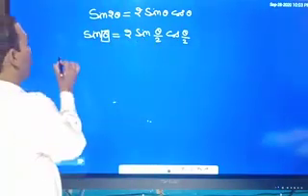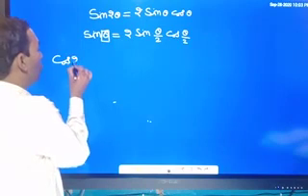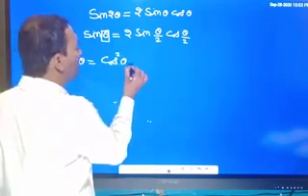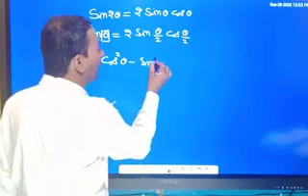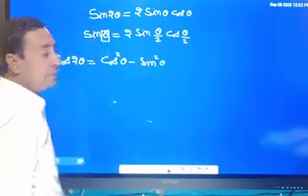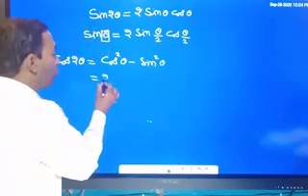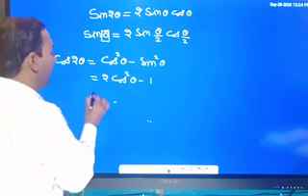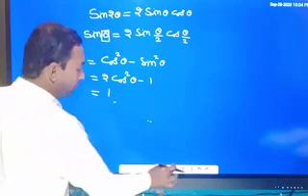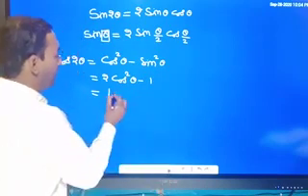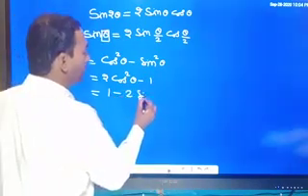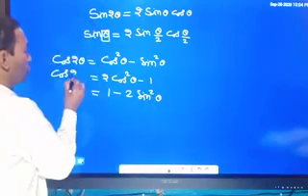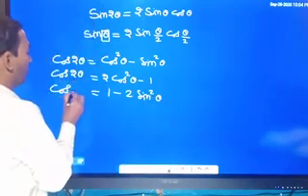Okay. cos 2 theta is cos square theta minus sin square theta. We can also write 2 cos square theta minus 1 and 1 minus 2 sin square theta for cos 2 theta.